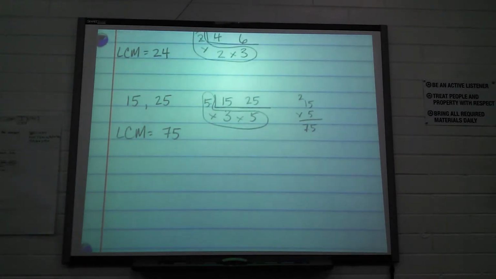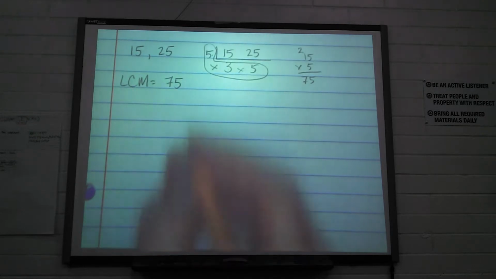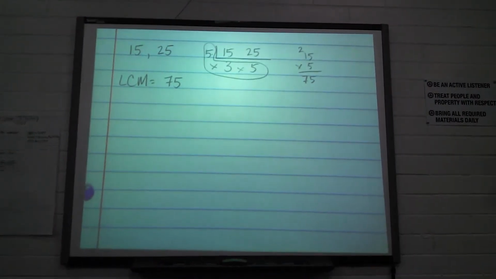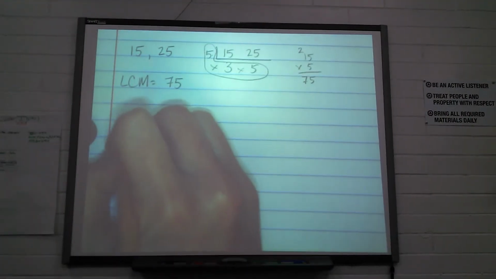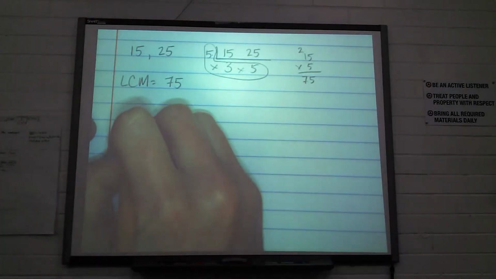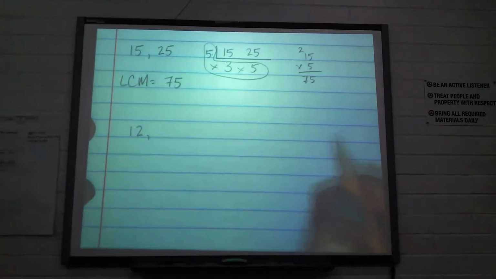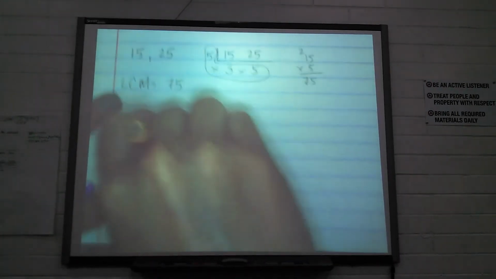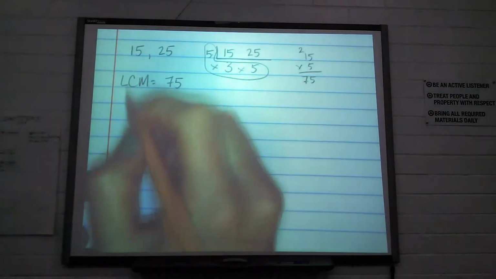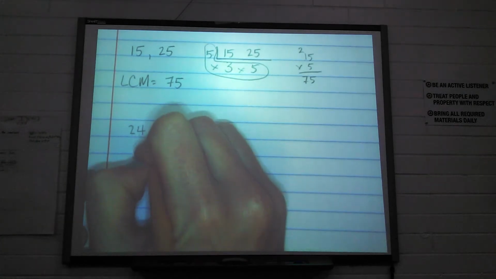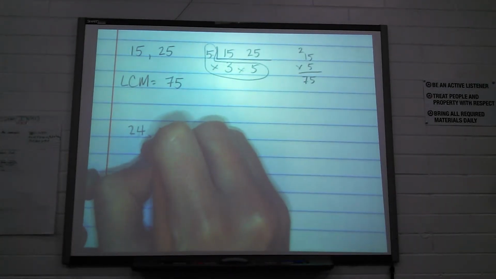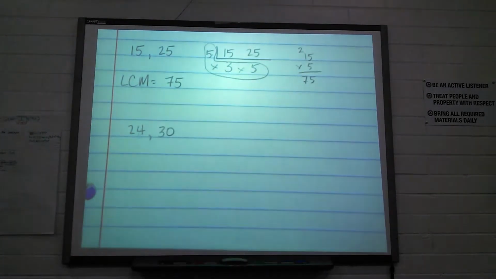Let's do one more example. Let's find the least common multiple between, let's go with 12. You know what? I'm going to change this, sorry. Let's go with 24. We're going to make this a little more difficult. 24 and 30.